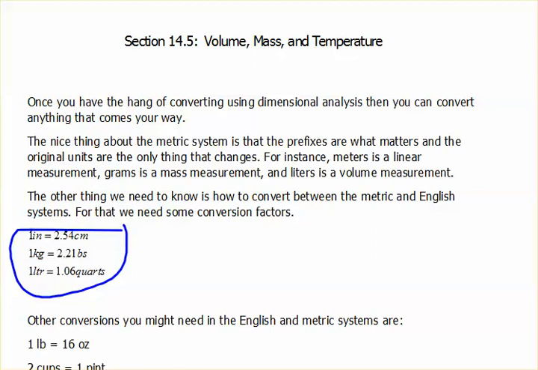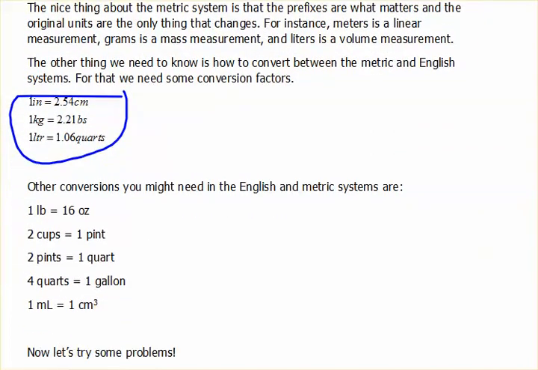Now, I've also listed out some others here because with our English system, nothing is the same. That's the beauty of the metric system, because everything is a power of 10. But with our system, we have 2 cups in a pint, 2 pints in a quart, 4 quarts in a gallon.